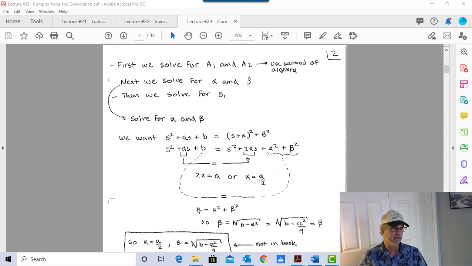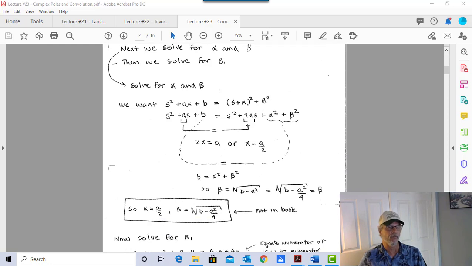So I can see that b equals alpha squared plus beta squared, and I solve that for beta, and I get my handy dandy little formula here for beta. And the book used the completing the square technique, which is a very good technique. Too hard for me to remember. So what I do is just go through this little derivation when I need it.